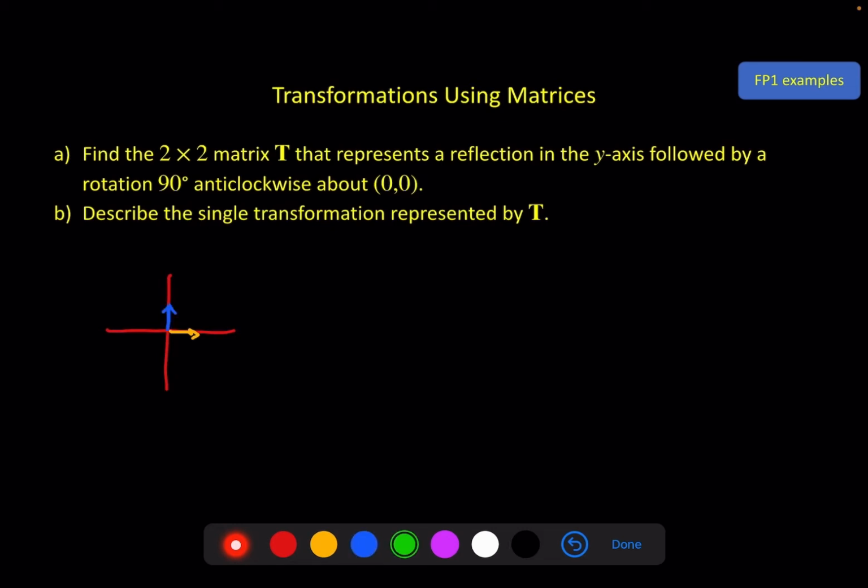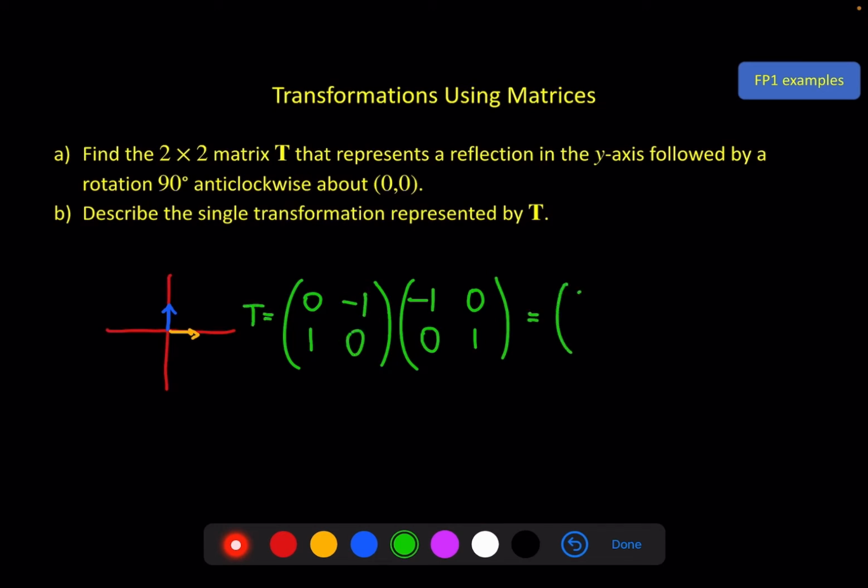So a reflection in the y-axis first, we had -1, 0, 0, 1, followed by the rotation second, so on the left, 0, 1, -1, 0. This is now T in this example, and that gives us 0, -1, -1, 0.